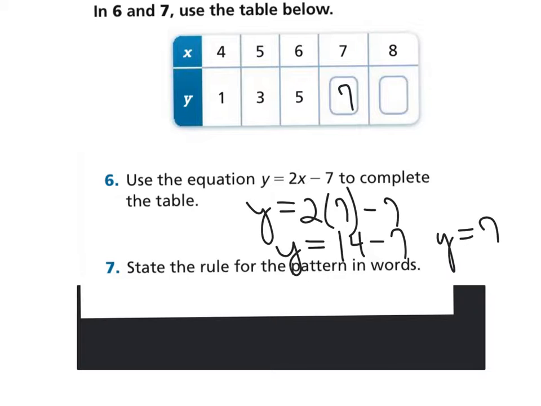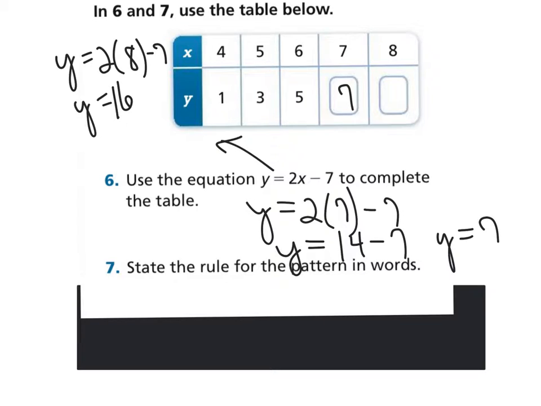So 7 should go in our first spot here. And then the second spot, same idea. We're going to substitute an 8 in place of x. So 2 times 8 is 16, and 16 minus 7 is 9. So this would be 9 in the next spot.